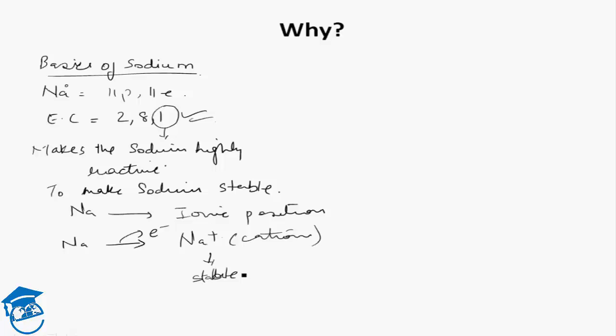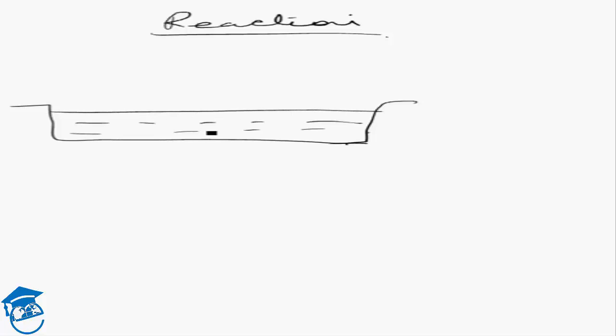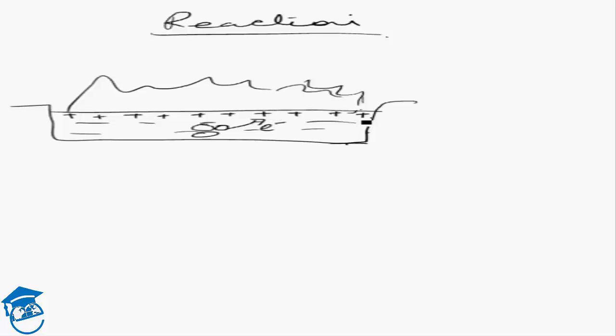Taking up these basics, let's understand now what happens in this reaction. Friends, this is a beaker with cold water. When sodium is put into the water, there is a big explosion. Why? The reaction is in fact a Coulombic explosion, as there is a rapid electron exchange between sodium and water, which causes the surface of the water to have positive ions, giving the sodium octet stable ion.